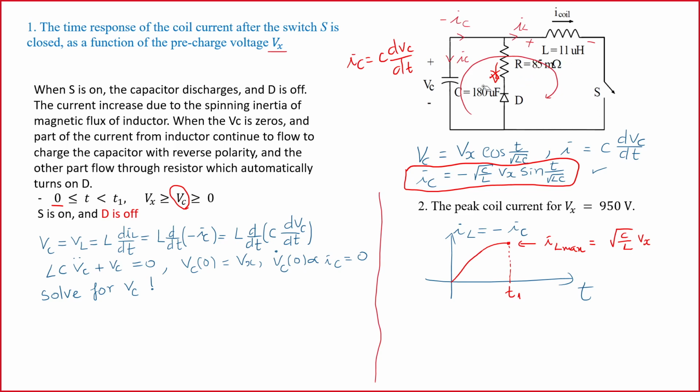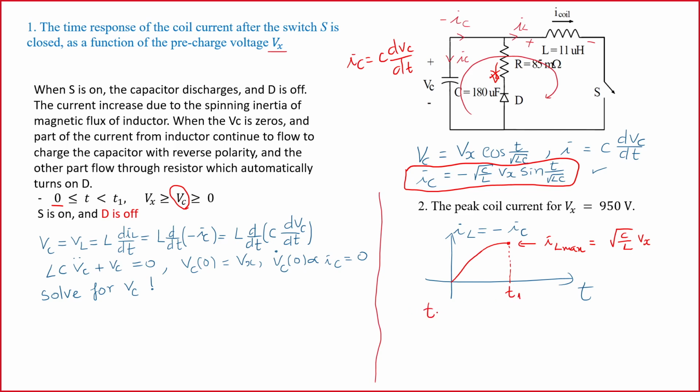So the moment VC is 0, D is on. VC is 0 means cosine is 0, which is the same as sine is 1. So actually T1 here at the peak time is the time that the diode turns on.